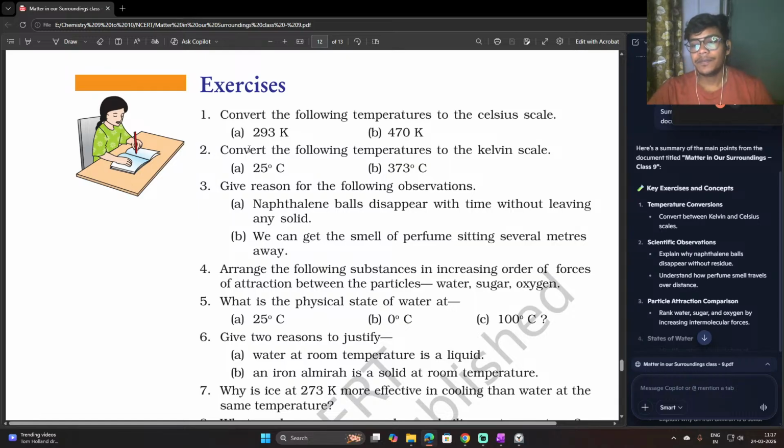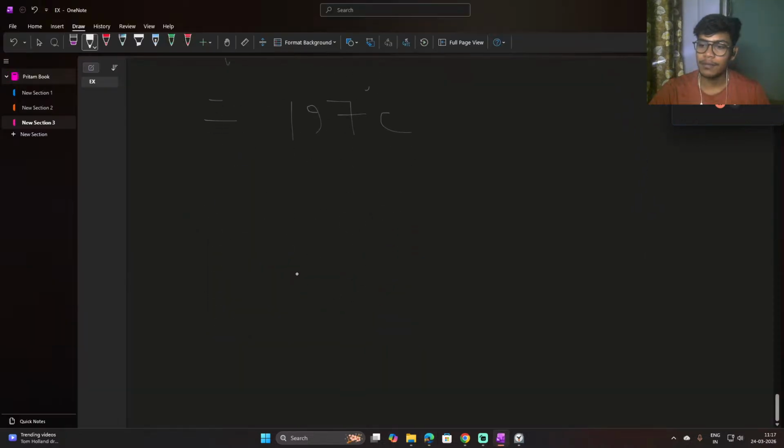First is 25 degrees C. We use the same formula. Here they are asking for this T, and they have given me the Celsius value. Since it's an equation, I will transfer 273 to the other side.